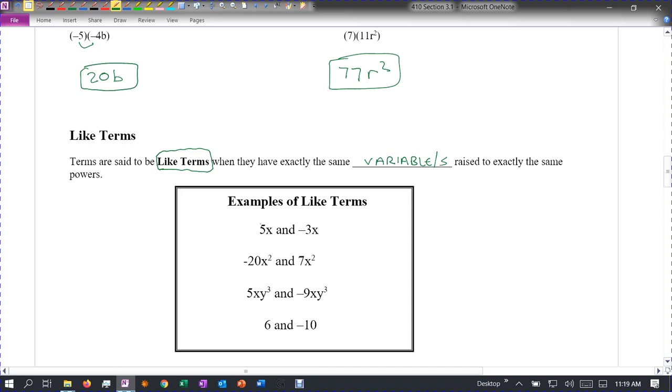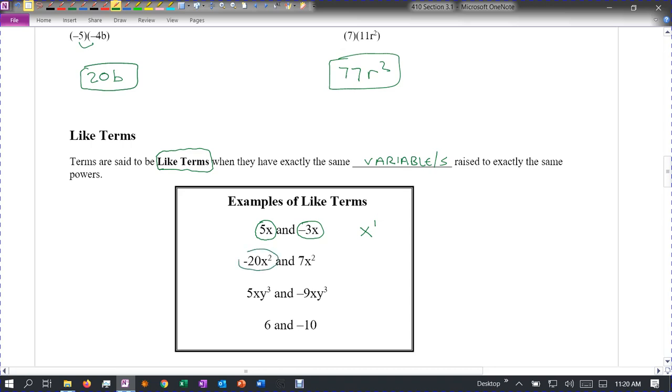So when you look at this first one, this is 5x, this is -3x. These are like terms, and the reason is they both contain x, and that x is really raised to the first power even though we don't write it. So as long as you have the same variables raised to the same exact power, then we have like terms.